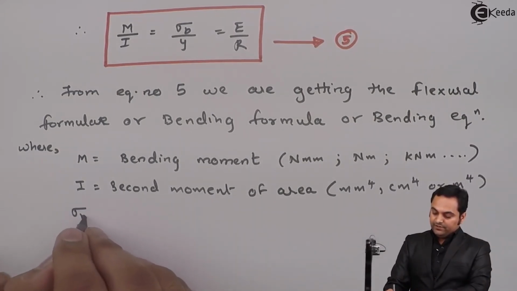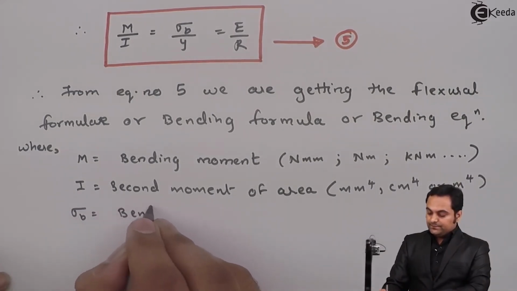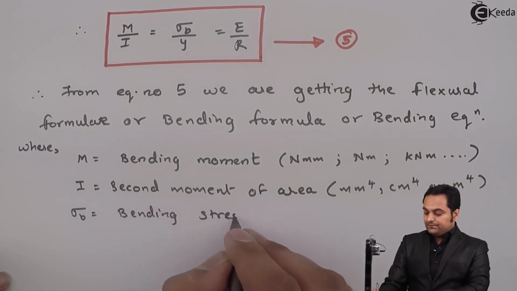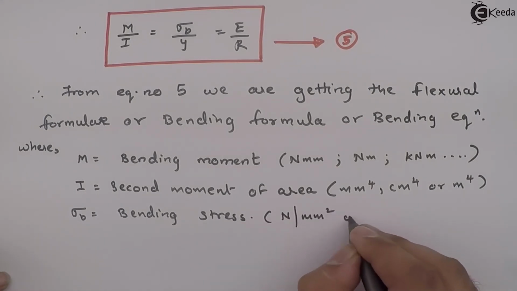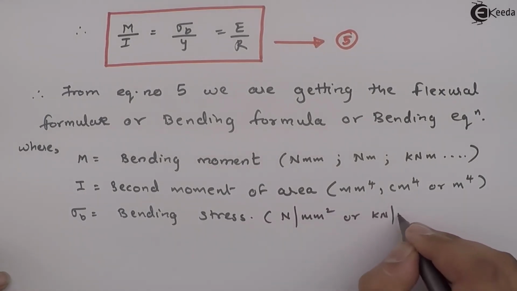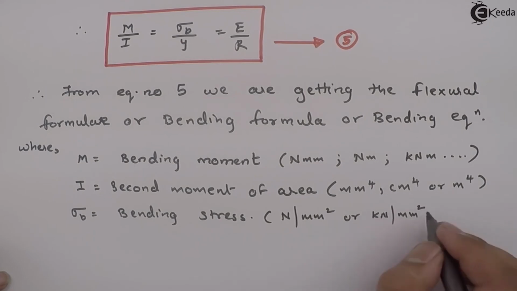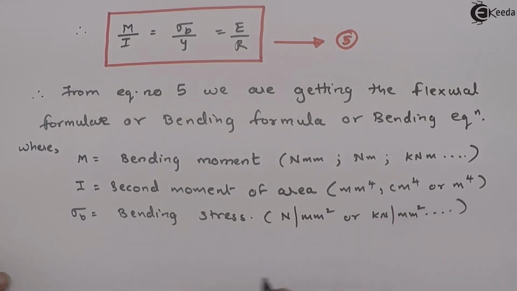Then we have sigma b, which is called as bending stress, and the unit is Newton per mm square, or it can be kilonewton per mm square, or kilonewton per meter square, so on.